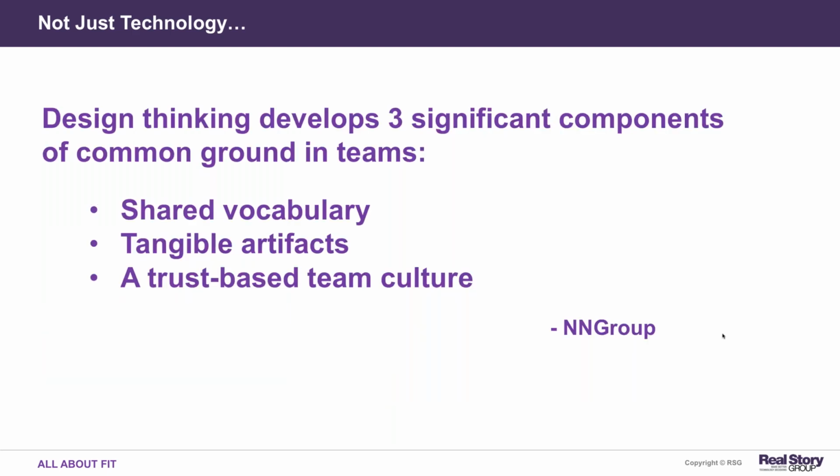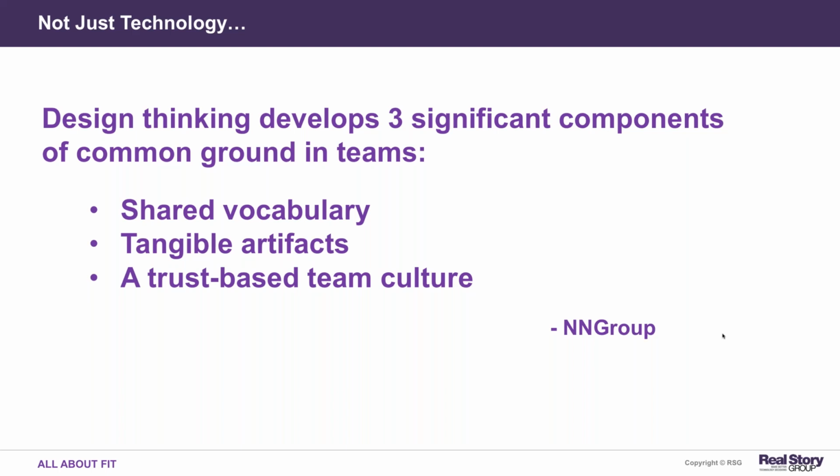So when we talk about design thinking, the Nielsen Norman Group, when talking about design thinking for user experience, they talk about there's three significant components of common ground in teams. Number one, a shared vocabulary. Number two, tangible artifacts. And number three, a trust-based team culture. And I think if you take what I talked about today and apply it to your tech selection, that's exactly what you're going to be getting.